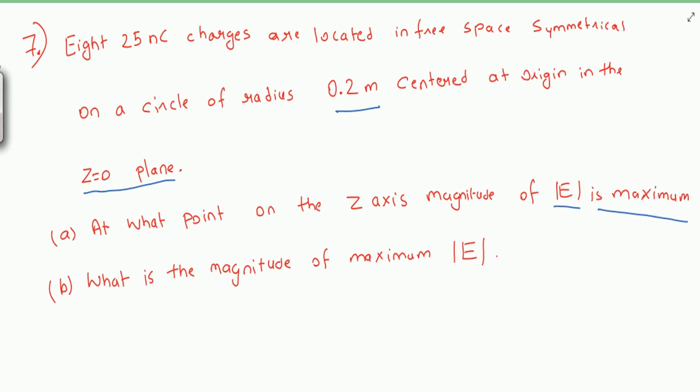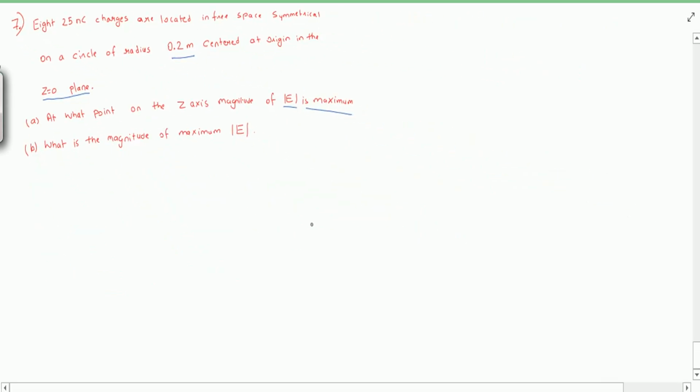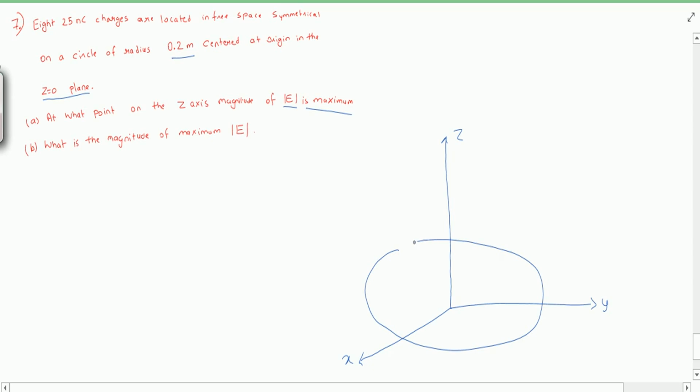So what the problem says is there are 8 point charges which are located in free space. Suppose this is my z axis and this is my x axis, and here is my y axis. So the charges are placed like in a circular pattern.